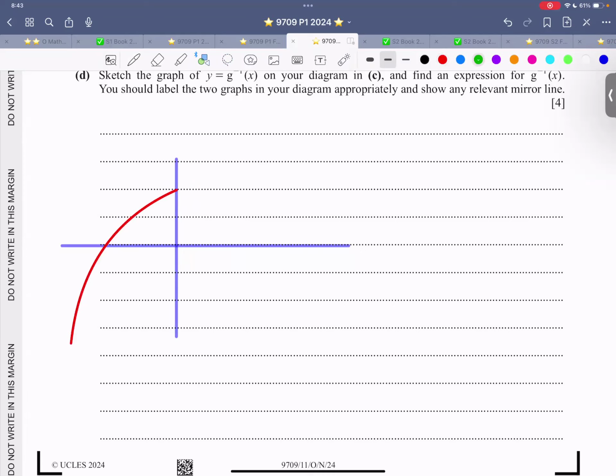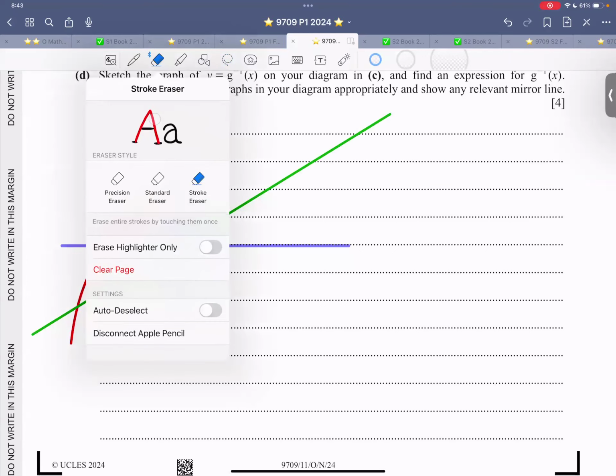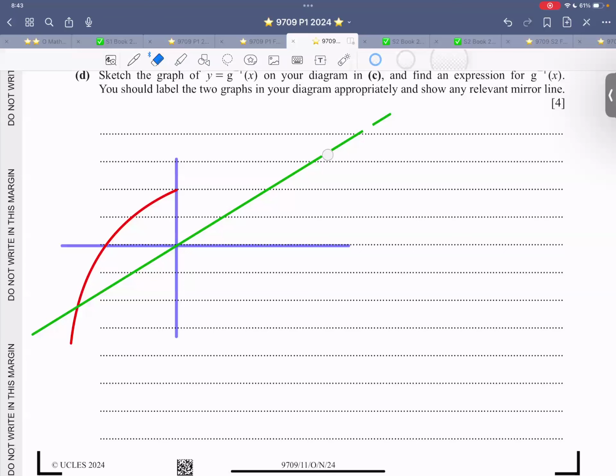Let me draw a green color line like this, at a 45-degree angle. Let me draw some lines in the middle, 1, 2, 3, 4, 5, 1, 2, 3, 4, something like this. So this is the line y equals x. This is y equals f(x).